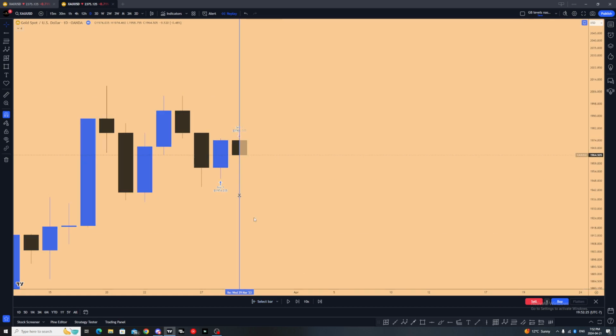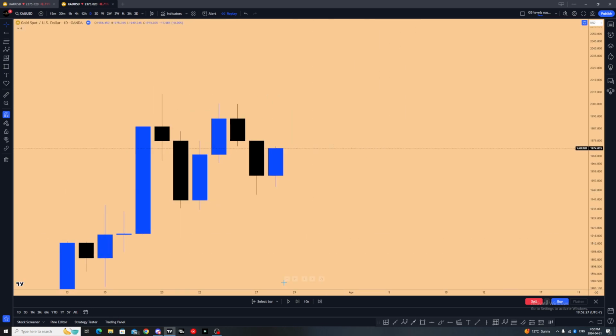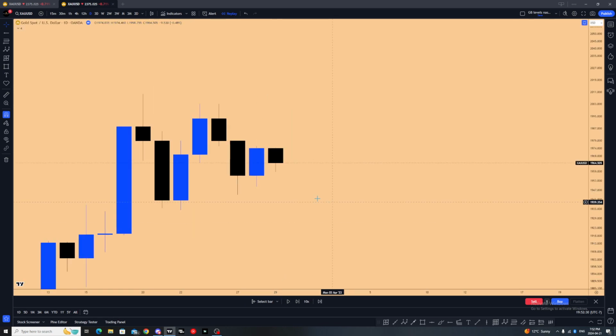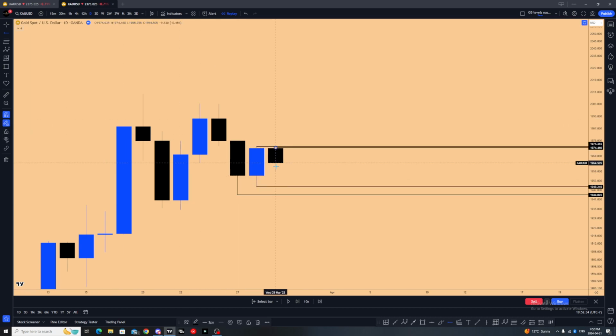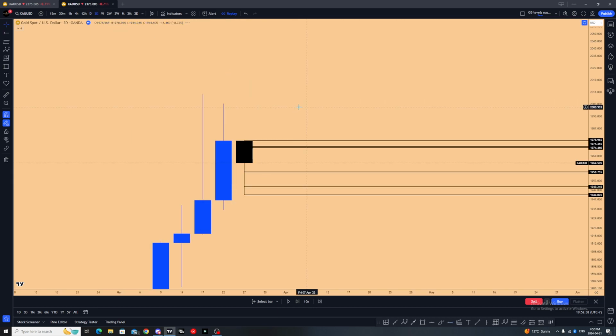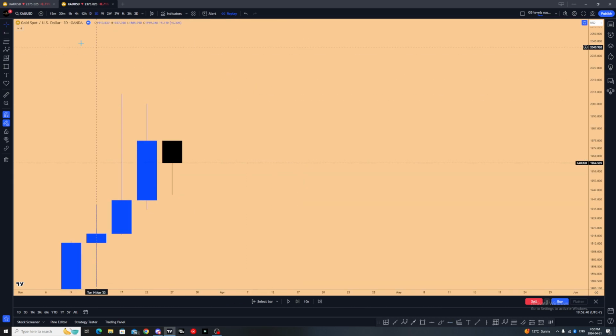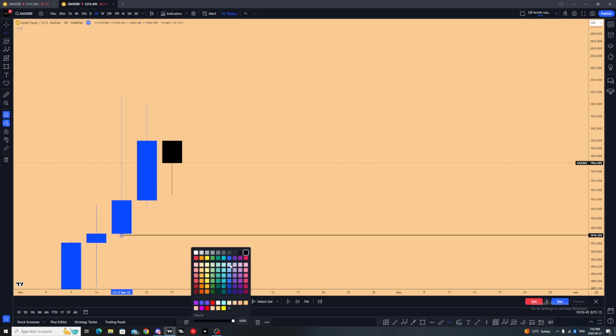The situation is, we have a double inside daily candle over here, and on top of it, a double inside 3-day candle, which is this one. Let's mark it in red. Right?